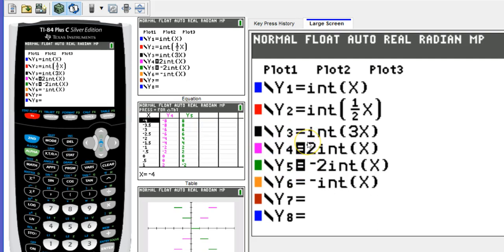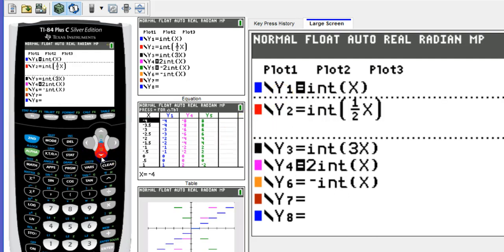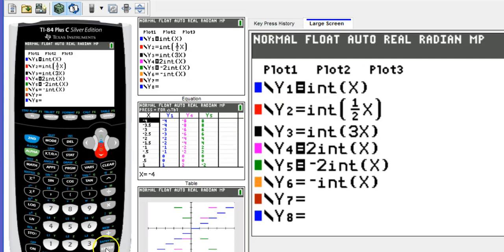I'm going to turn them off. To do that, first I'm going to turn equation 1 on. So I'm going to arrow right on top of the arrow, hit enter, and it's going to select that graph. And then I'm going to come down here to equation 4, hit enter, turn it off, and equation 5, hit enter, turn it off.